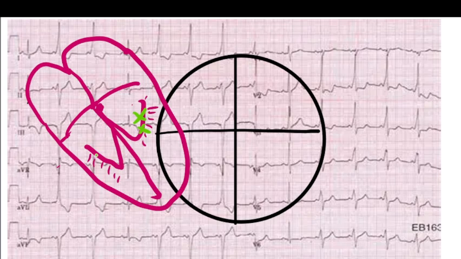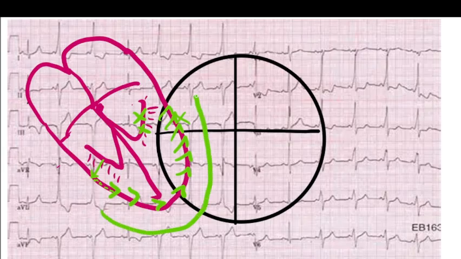The depolarization will happen as usual in the right part, but since the left part is not getting depolarized because of the block, the current that has reached the right ventricle will go and depolarize the left ventricle. So you can see the current is going towards left. This is left, this is right. With left bundle branch block, the current from the right ventricle goes to the left side, so it is going to be left axis deviation.